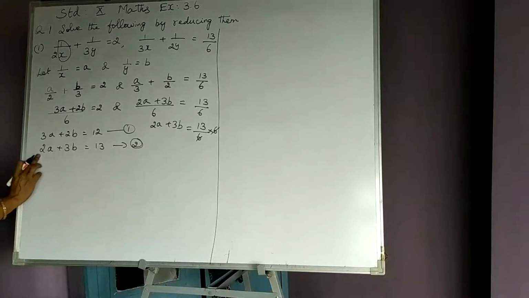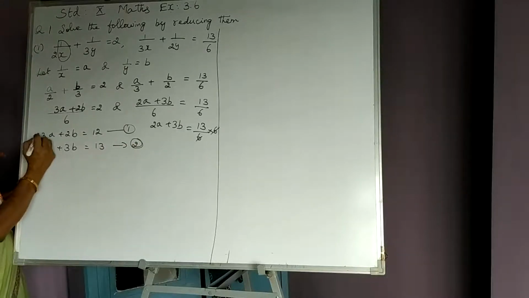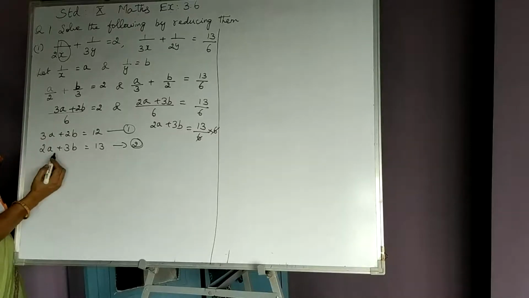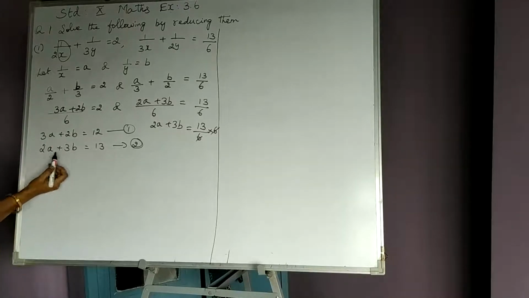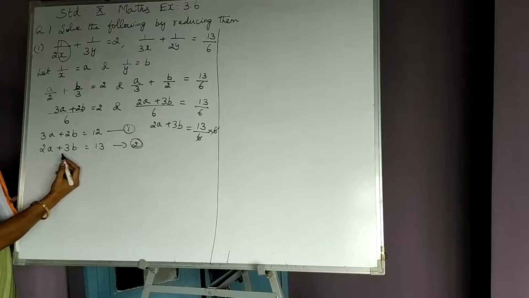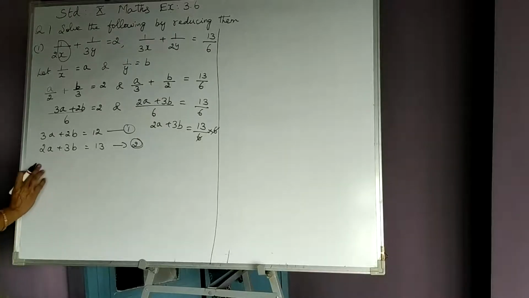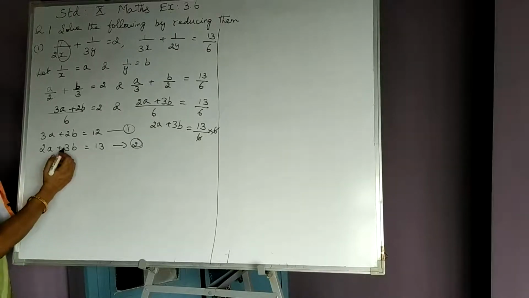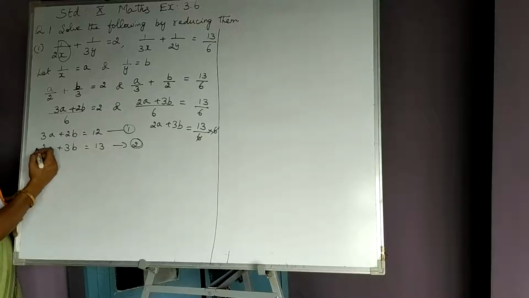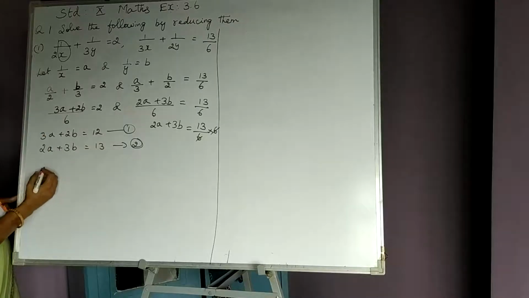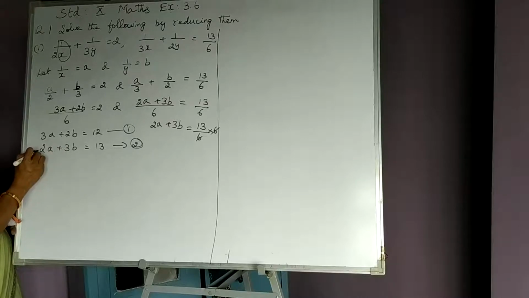Now this can be solved by any one of the algebraic methods we have learnt. It can be substitution method or elimination method or cross multiplication method. But among the three, the simple method is elimination method. Therefore here I am going to use elimination. To make a coefficient same, we are going to multiply the first equation by 2 and the second equation by 3.